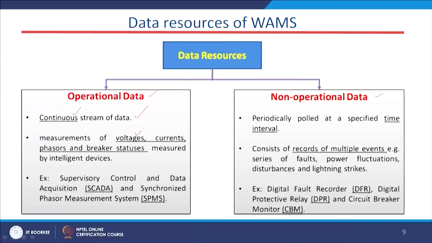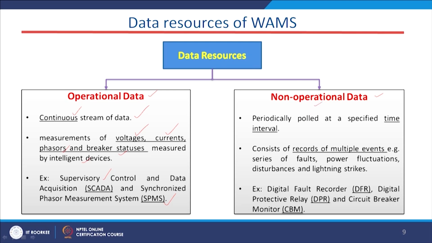That is why it is a very vital component of WAMS technology, where we can continuously monitor the voltage, current and frequency of the system. Here we measure the voltage and current phasors and the breaker status, and these are measured by intelligent devices. For example, for operational data we have the SCADA system, and also the synchronized phasor measurement system, which is a part of WAMS.